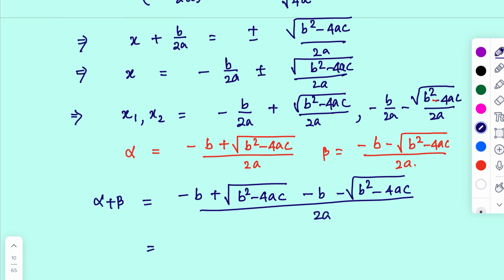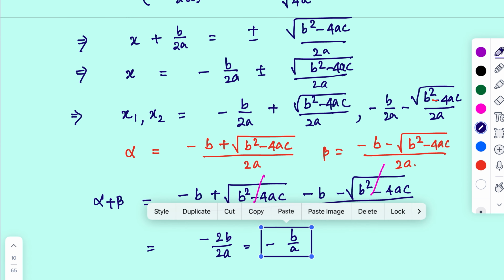That means 2a we have taken as LCM. So now these two terms will be cancelled out. So it will be equal to minus 2b by 2a, or that is minus b by a. This is the value of alpha plus beta.